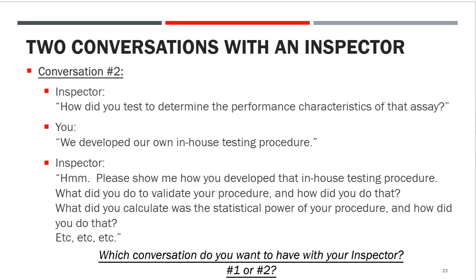What did you do? What did you calculate as the statistical power of your procedure? How did you do that? Et cetera, et cetera. Questions after questions. You have to prove that you did a proper testing procedure, how it was validated, how you knew, how it was tested, et cetera.